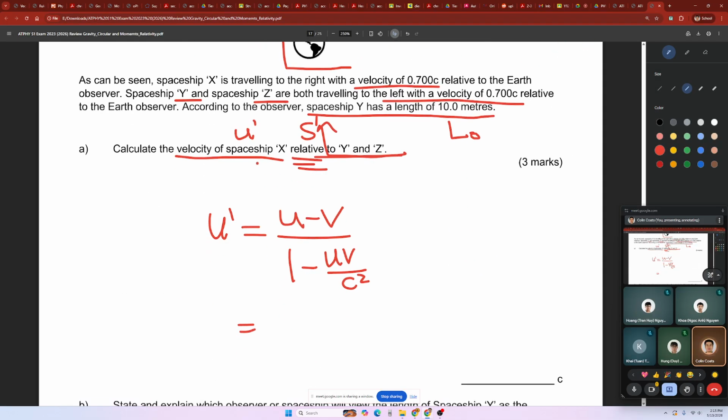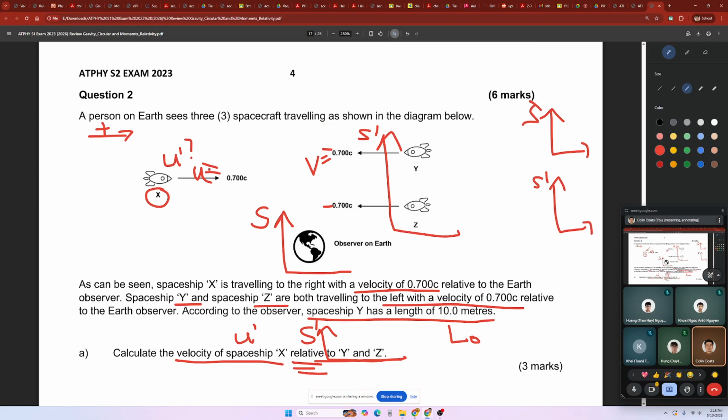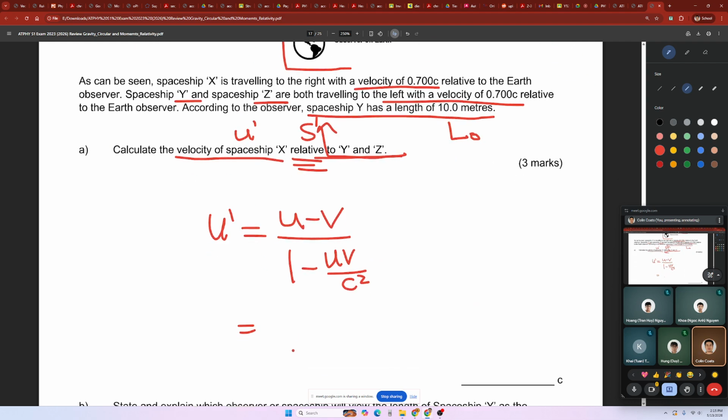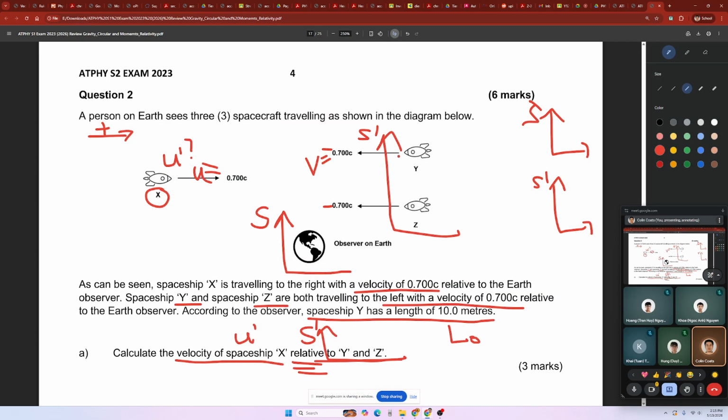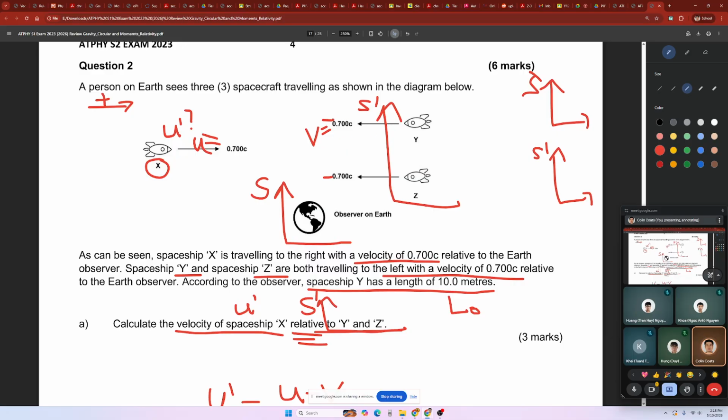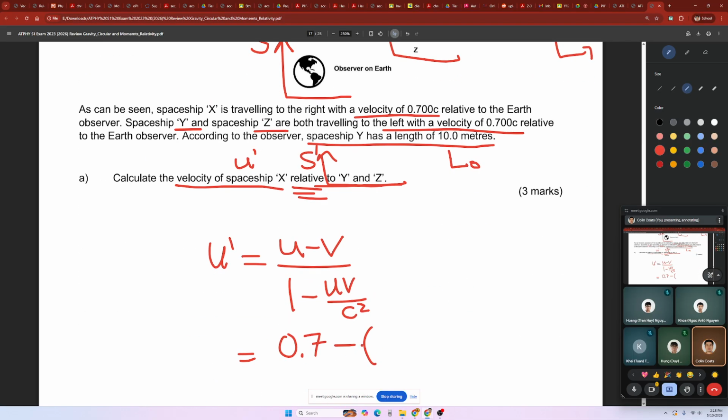Okay, so there's U. It's positive, and it's going to the right because it's positive. So we're going to put that in. 0.7c minus, and then we have v, which is negative, so we get minus negative 0.7c.